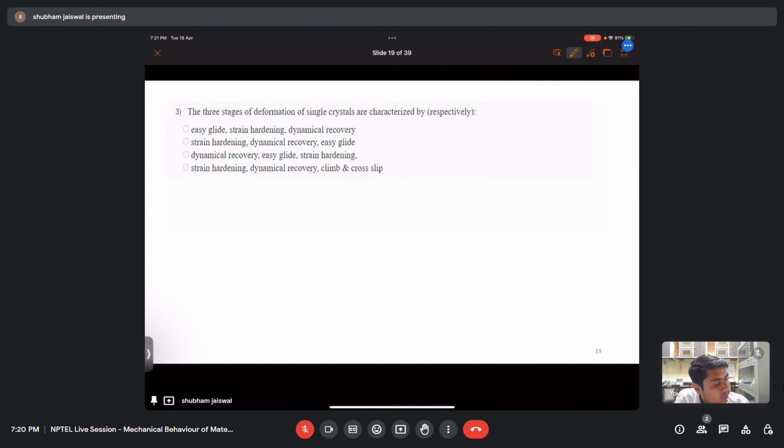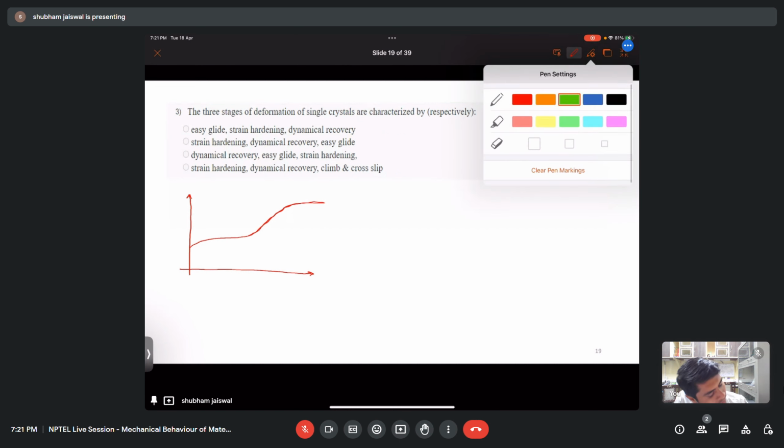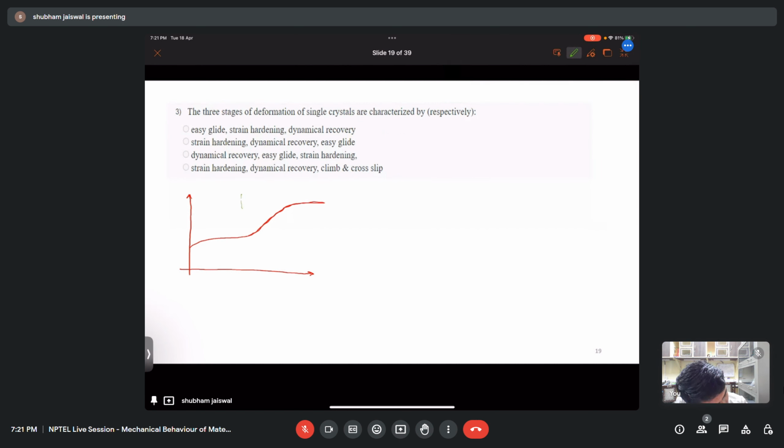So I will draw the graph for you, and from that graph you can, let's say, this is my section 1, section 2 and section 3. So this is my stage 1, stage 2 and stage 3. So let's say this is my gamma and this is my tau. Now try to answer, guys.